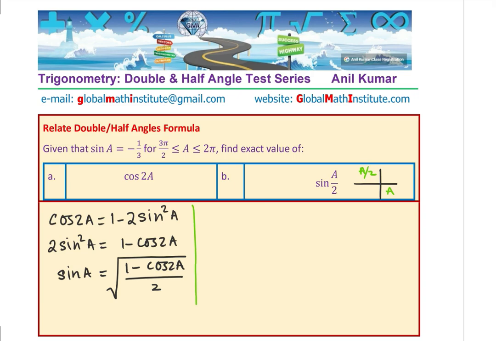So we can write down the formula for sine A by 2, which will be the square root of 1 minus cos A, divided by 2, correct?